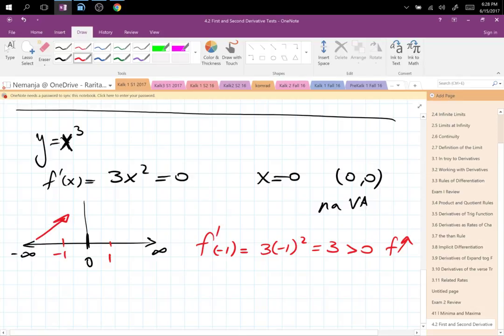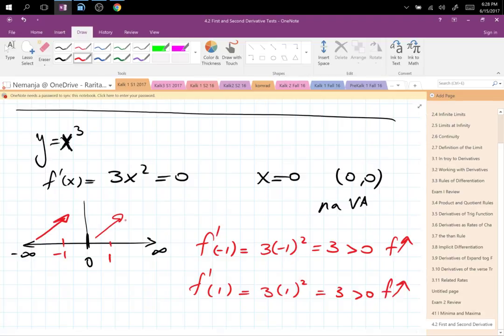We get that f is increasing for -1, and that it's increasing after 0 as well. So you see how the graph shows me that there is no min and no max at 0, 0. Because in order to have a max, it has to be increase going into decrease, and for a min, decrease going into increase.